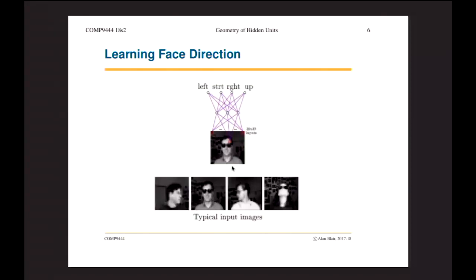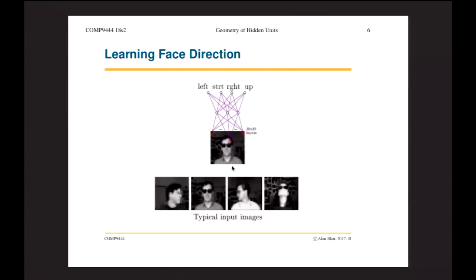They took a few pictures of people in their department and asked each person to make 4 different poses: look straight ahead, left, right, and up. They trained one network to identify the person, and another network to guess whether the person is looking left, right, or up.